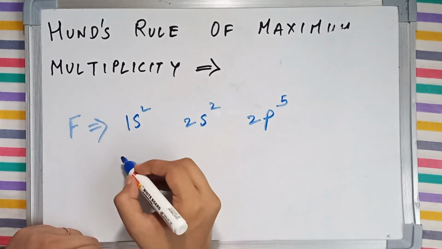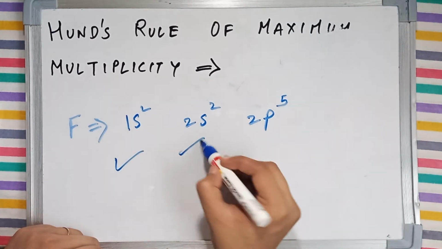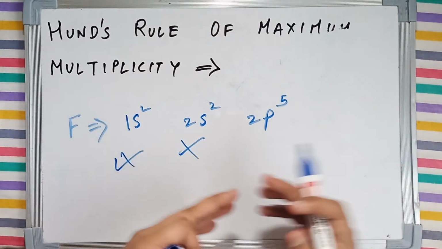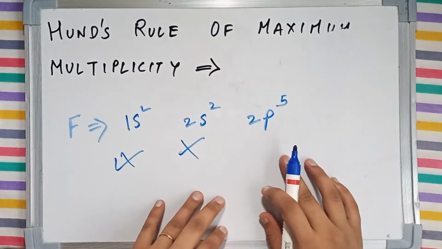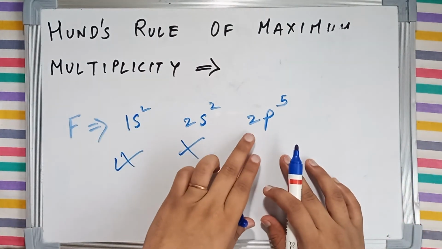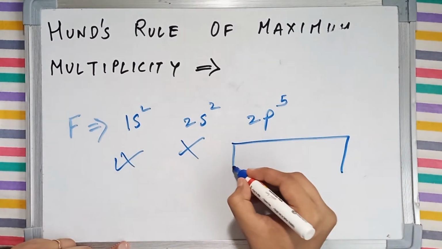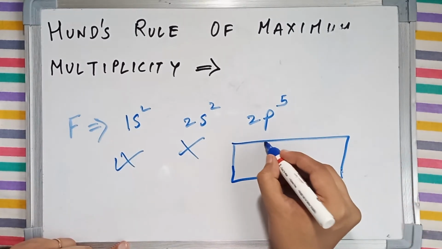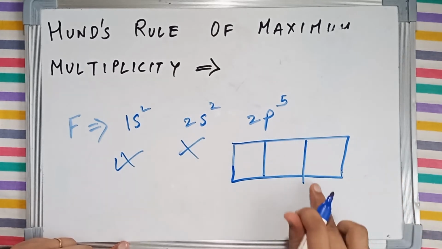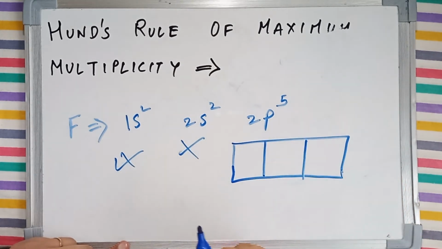These two won't change because it is futile to draw orbitals of these two subshells. Let's go into 2p. The p subshell has 3 orbitals, 1, 2, 3, and we have 5 electrons.